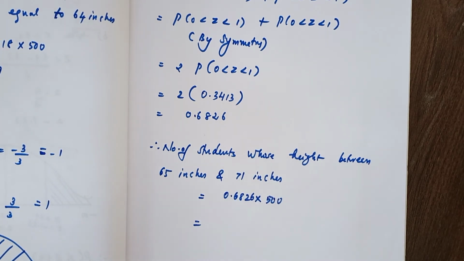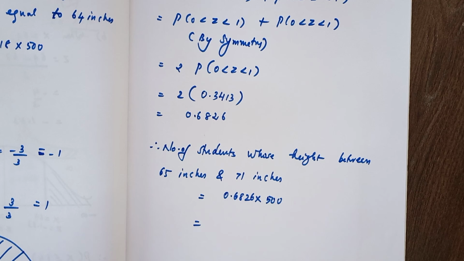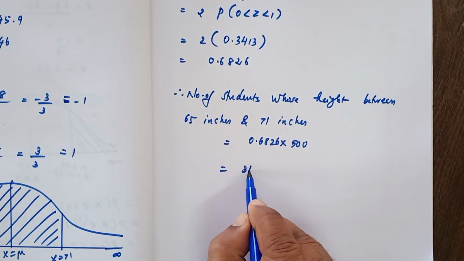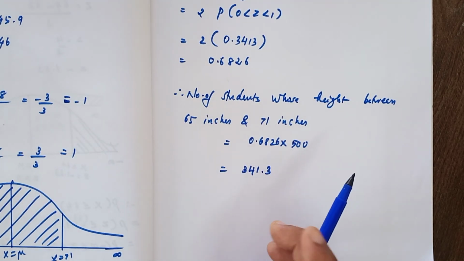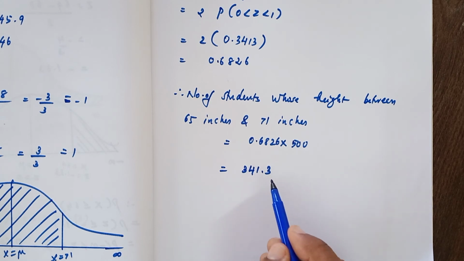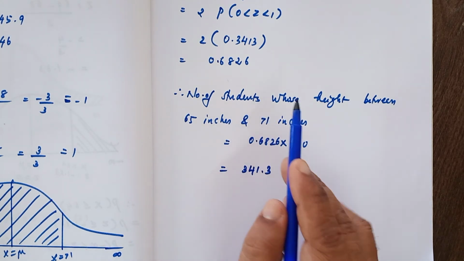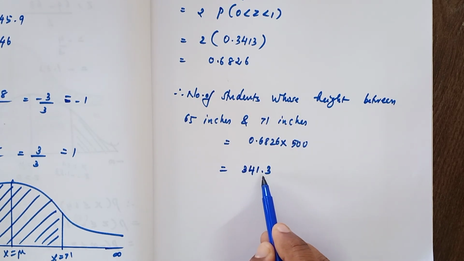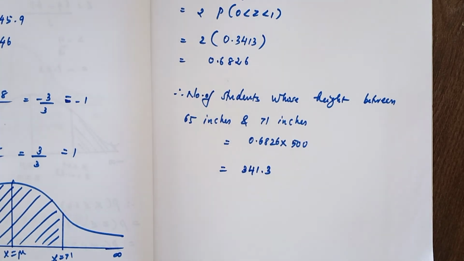If you multiply, you will be getting 341.3. Here we round up to 342 only because it is a number of students. So after the decimal point, even if it is 1 or 2 or 3, an excess over 341 means you take 342 only, not 341.